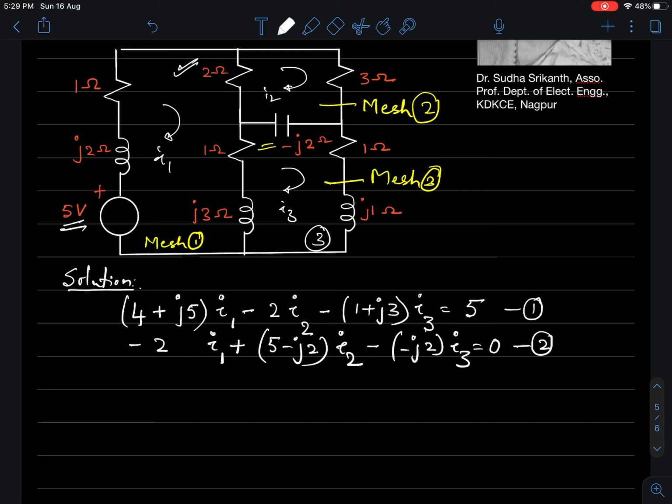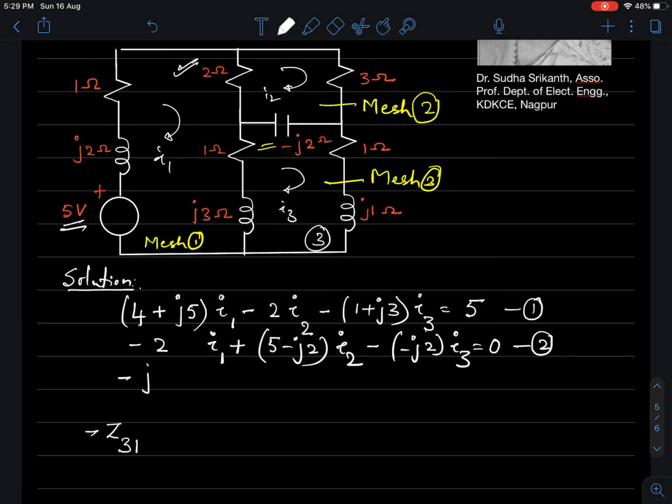Okay. Now we go to the third equation. How to write the third equation? In the third equation, the first element is the impedance common between the third mesh and the first mesh, taken with a negative sign. Minus, what is common between third and first? It is J3, and also 1 is there.